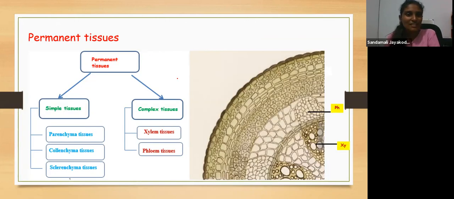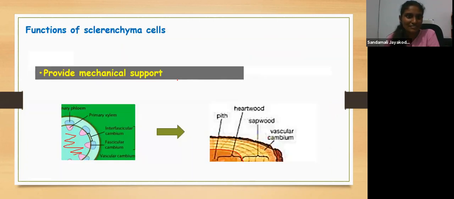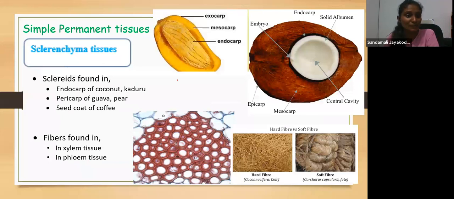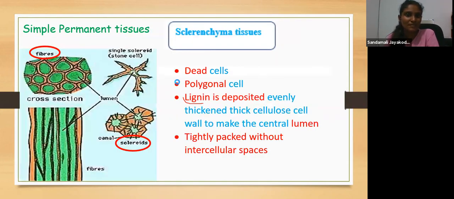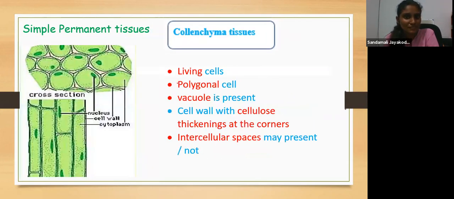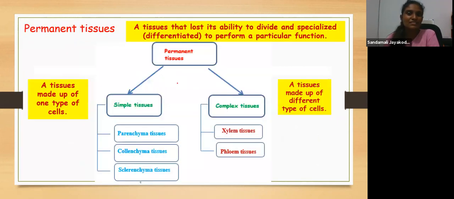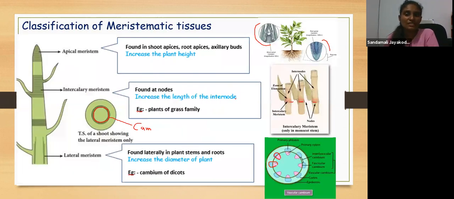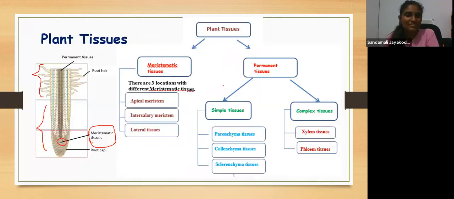What about the things we have discussed up to now? Do you have a clear idea about the simple permanent tissues and the main two types of tissues we have learned? They are simple tissues and complex tissues, and before that, meristematic tissues and permanent tissues.